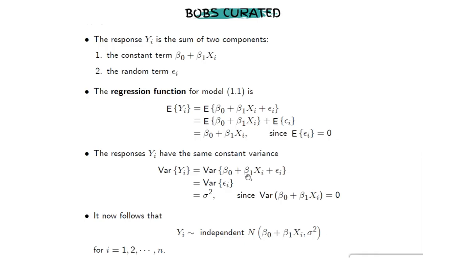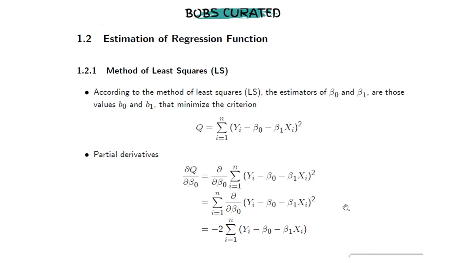So the variance of this whole term over here is simply the same as the variance of the epsilon i, and therefore, that's the basic assumption of the model, the variance of the epsilon i is equal to sigma squared. To summarize then, all those yi's will be independently normally distributed with the expected value of beta 0 plus beta 1 xi, and the variance is equal to sigma squared.